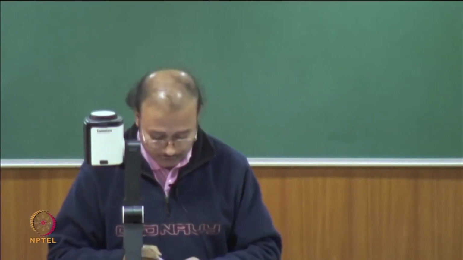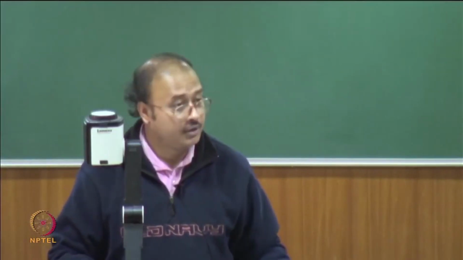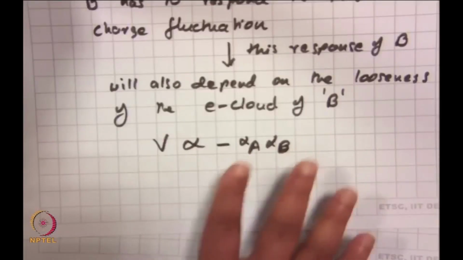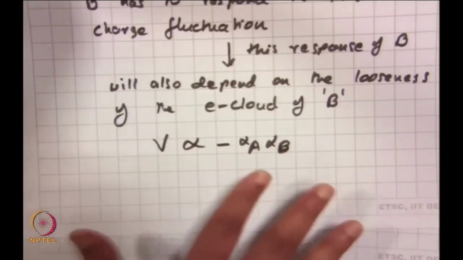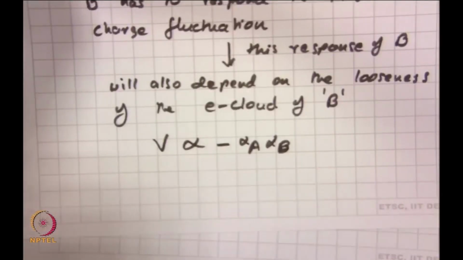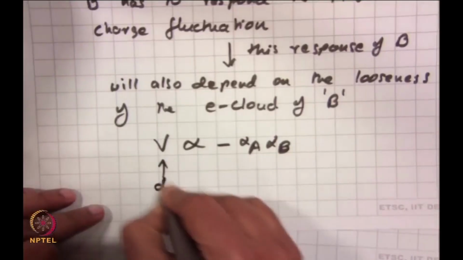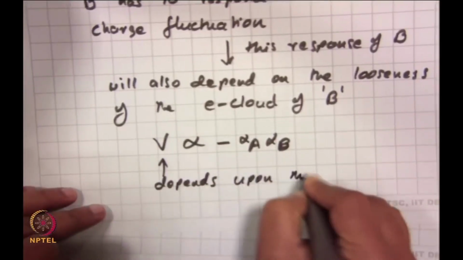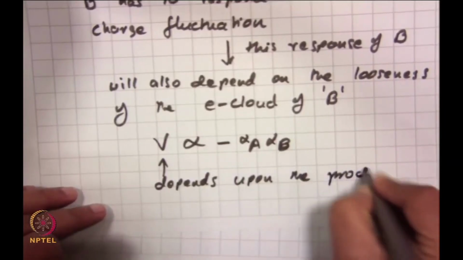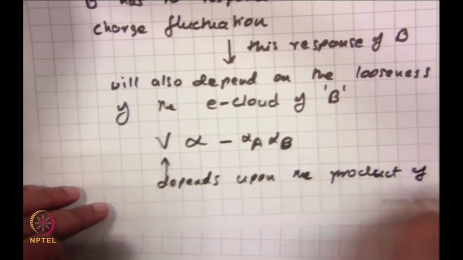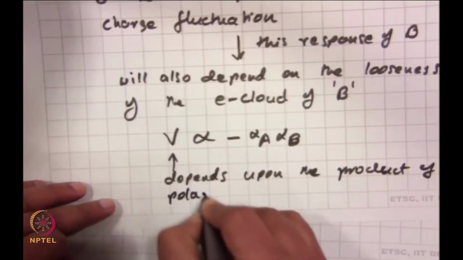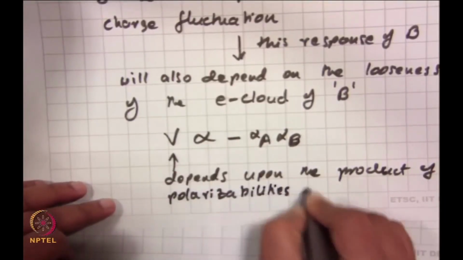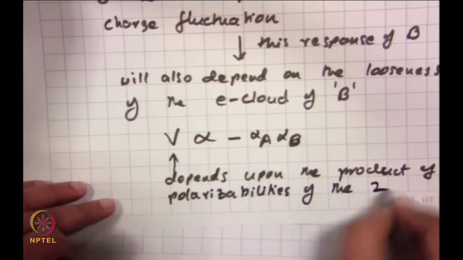This is directly evident: it has to depend on the respective polarizabilities. So, essentially this depends upon the product of polarizabilities of the two molecules.